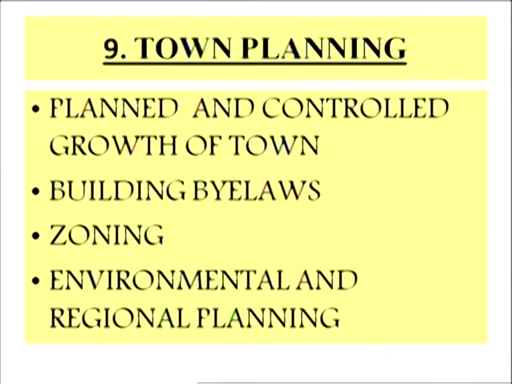This happens because of the proper planning of the town. Whenever a town grows, it should be well planned, and in that particular task, the civil engineer has a very important role to play.